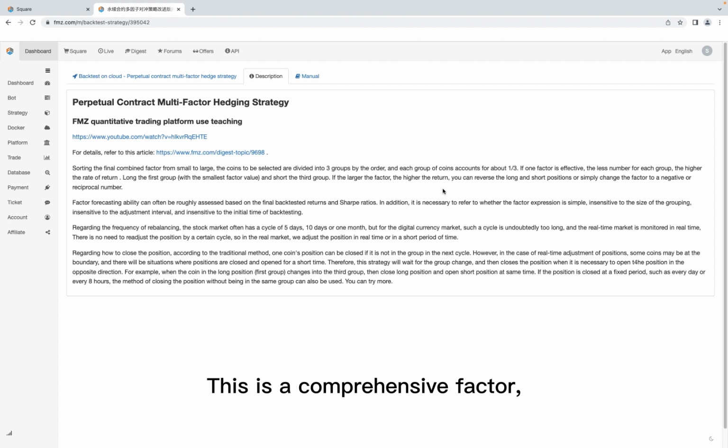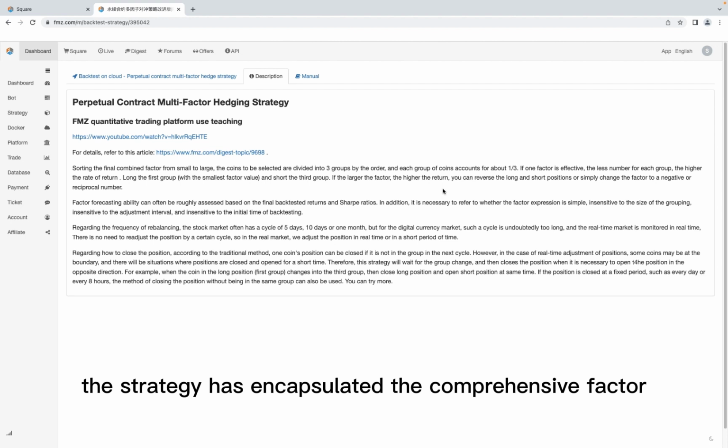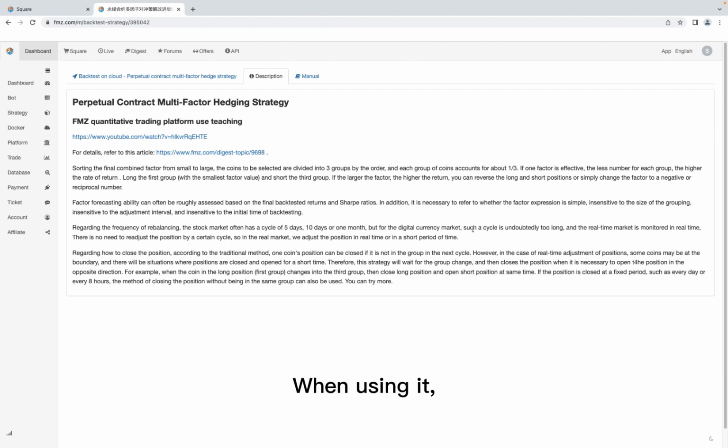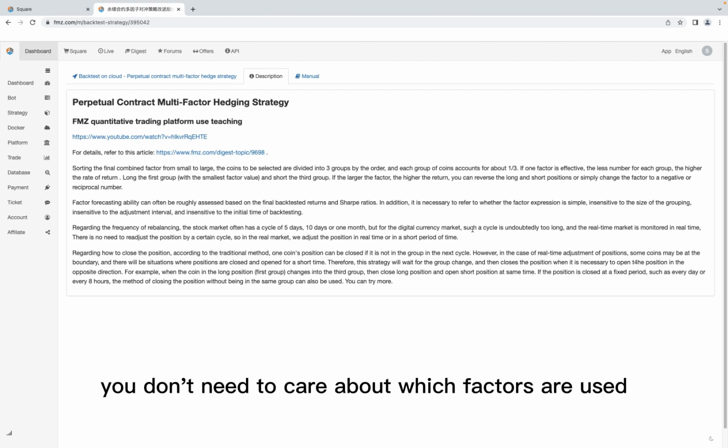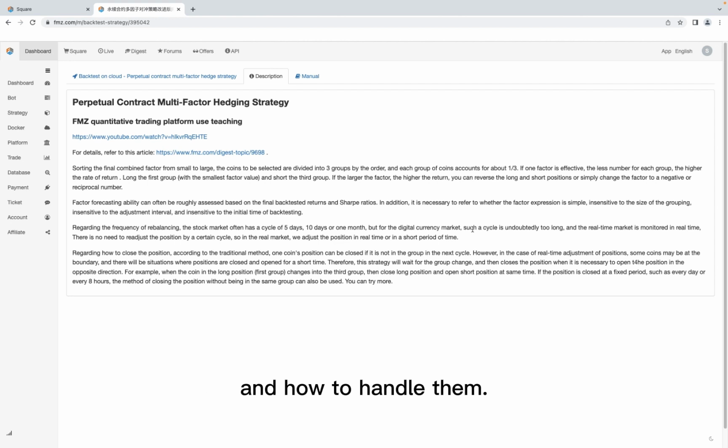This is a comprehensive factor. In fact, the strategy has encapsulated the comprehensive factor into the strategy. When using it, you don't need to care about which factors are used and how to handle them. Of course, this cannot be set by users.